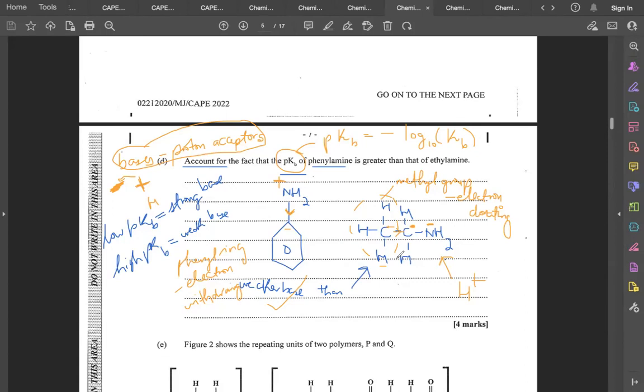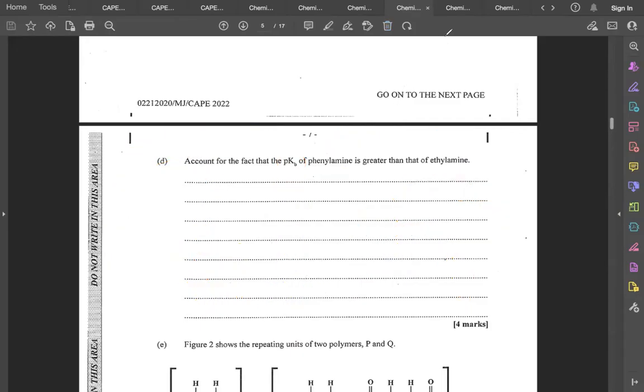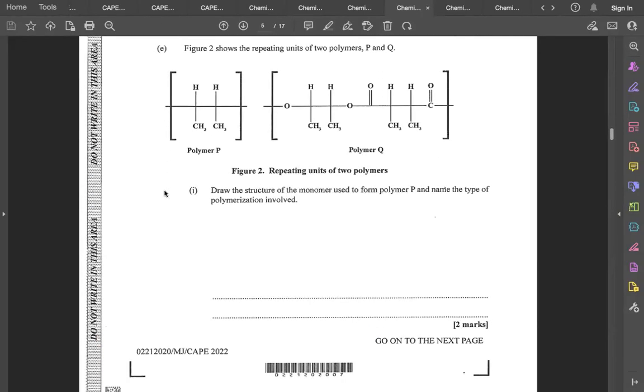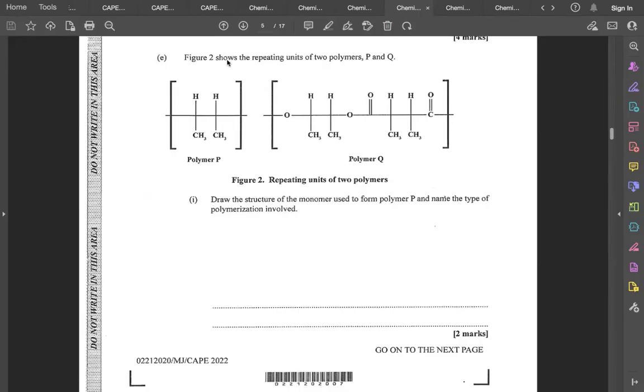Yes, miss. Okay, so let's move on to this question about polymers. I'm going to have one of you guys take the lead on this one. Or I'll give one of you polymer P and one polymer Q. So what we're doing is they're showing repeating units here of two polymers, polymer P and polymer Q. So this is just a repeat unit, right?